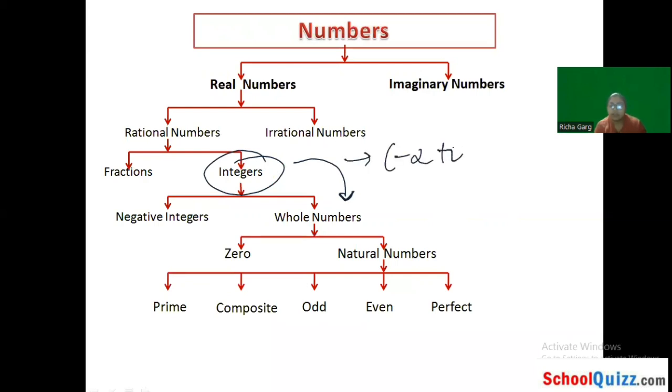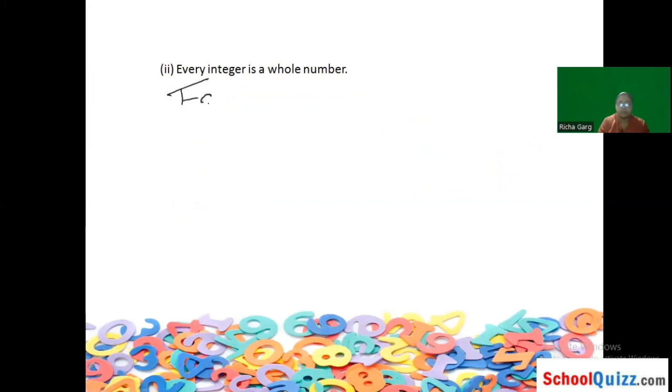Integers are from minus infinity to infinity, whereas whole numbers are from 0 to infinity. As you can see, negative integers are a different category. So if I'm talking about integer minus 4, is it a whole number? No, because it falls in the category of negative integers, not under the category of whole number. So the statement here is false, right?